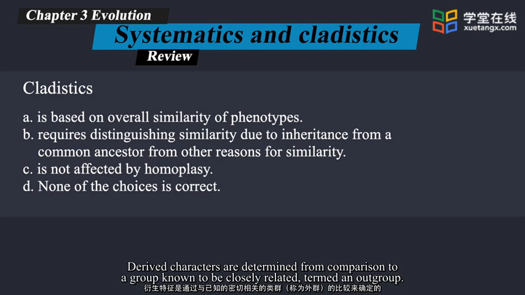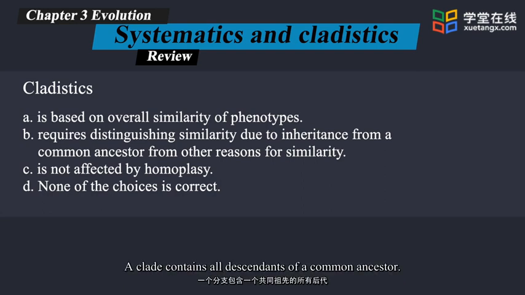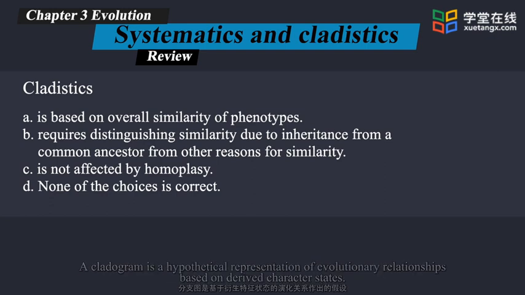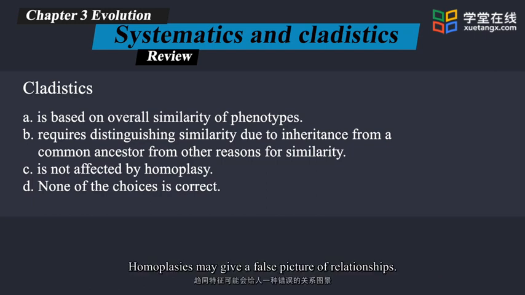Derived characters are determined from comparison to a group known to be closely related, termed an outgroup. A clade contains all descendants of a common ancestor. A cladogram is a hypothetical representation of evolutionary relationships based on derived character states. Homoplasies may give a false picture of relationships.